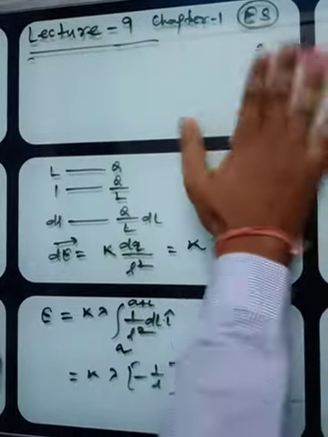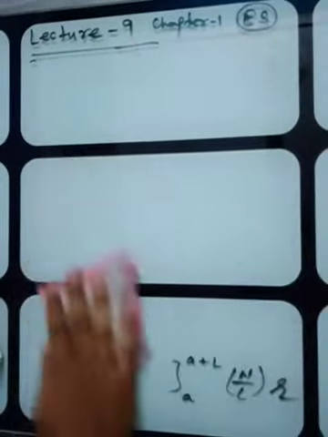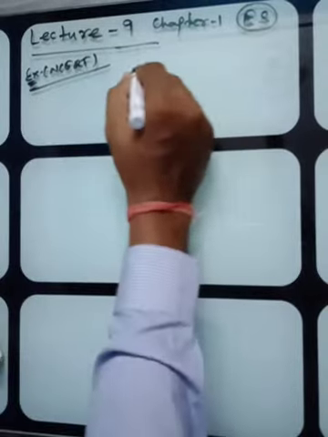It is example number 13 or 14 in the electric field chapter of NCERT. It shows positively and negatively charged plates.